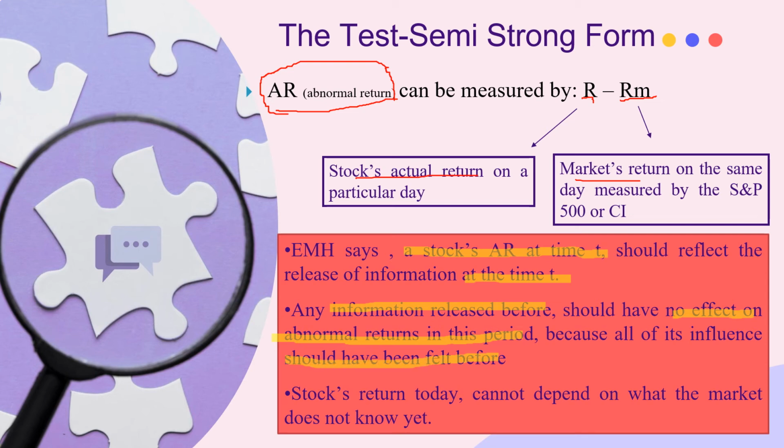In the semi-strong form test, the price reflects past information and public information. Since the info has not been released to the public yet, there is no effect on the abnormal return. The stock return today cannot depend on what the market does not know yet. The public does not know yet, so the market does not know yet, so the stock return cannot depend on it.